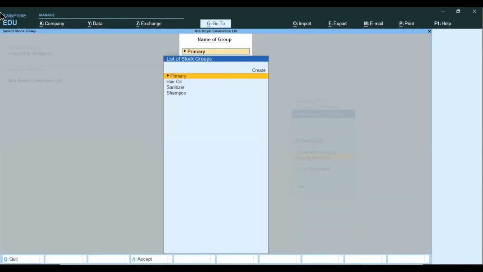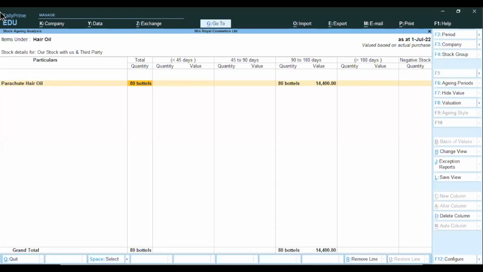Aging analysis: here we can check the age of the stock. Suppose we have this parachute hair oil, we have 80 bottles in our stock, but we have had this stock in our godown for the last 90 to 180 days. This statement is generated as on 1st of July.